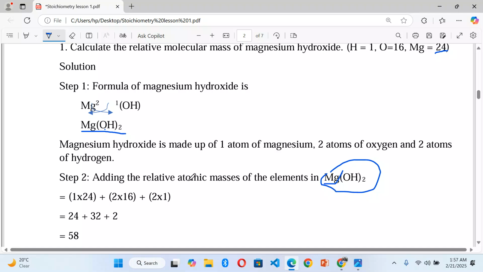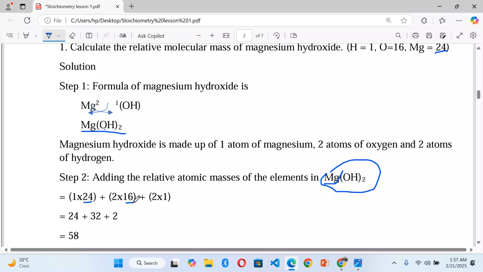Magnesium is 1 times its atomic mass, which is 24, plus oxygen. We have 2 from this formula. There is a 2 outside here, which is affecting this oxygen. Therefore, there are 2 oxygen atoms. So we say 2 times the atomic mass of oxygen, which is 16.